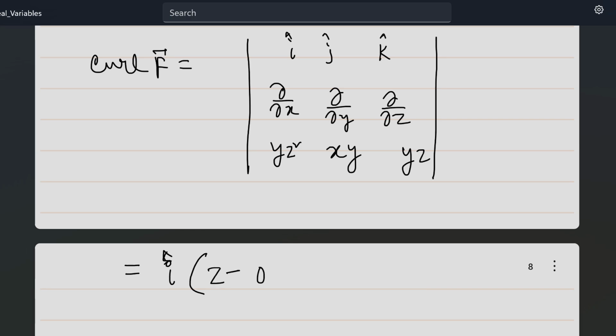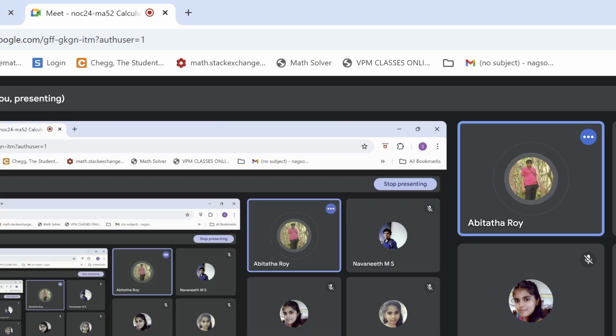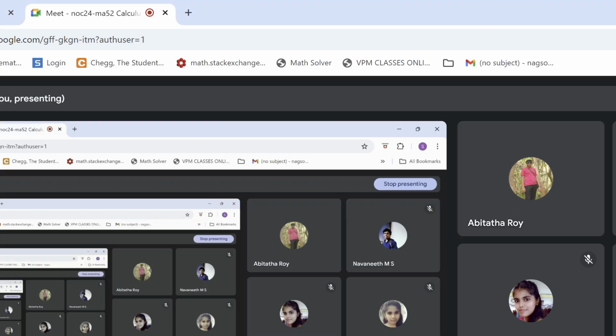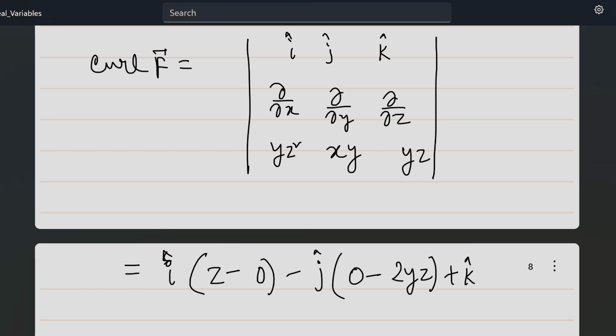I'm directly writing 0 plus j into, it will give you 0 minus, and k into this. So it is z i cap plus 2yz j cap.